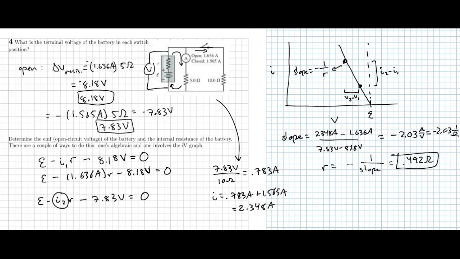Once we know that, we're in pretty good shape then to find the EMF. So I'll just take maybe the first case, so that I know the terminal voltage, 8.18 volts, is the EMF minus IR. I through the battery in this case is 1.636 amps, times R, which is the internal resistance, 0.492 ohms.